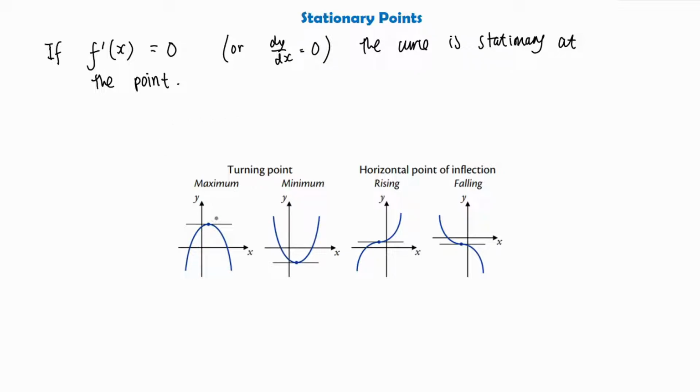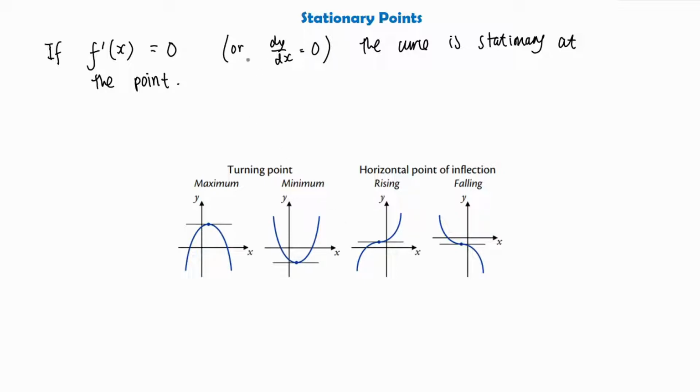So we had examples here where we could see a stationary point can be given by a turning point, and it's very important that we notice whether this stationary point is a maximum or a minimum turning point, or a rising or falling point of inflection. Well, that's what we're going to do in today's video.